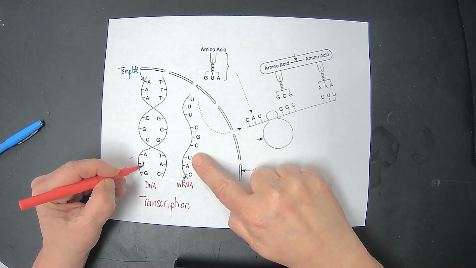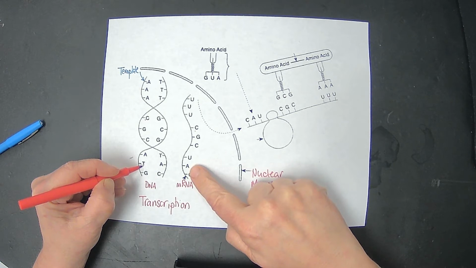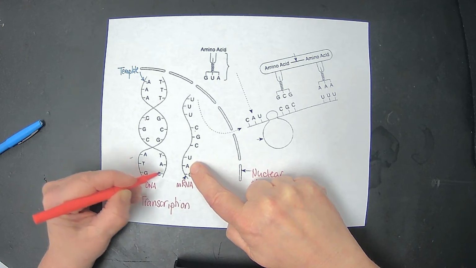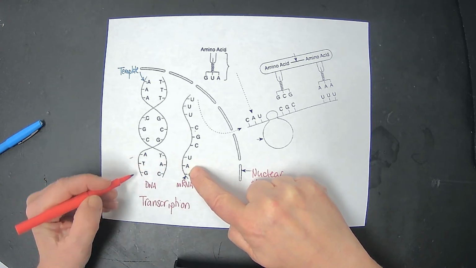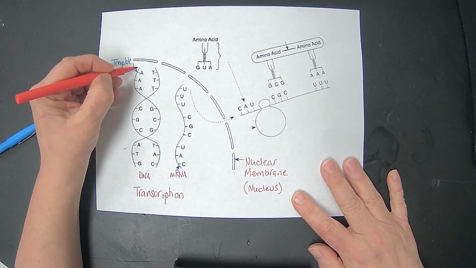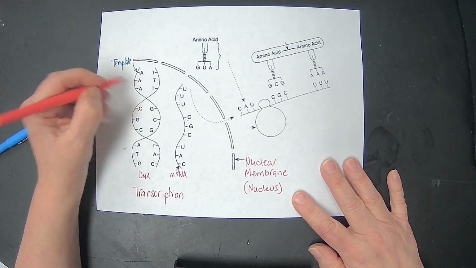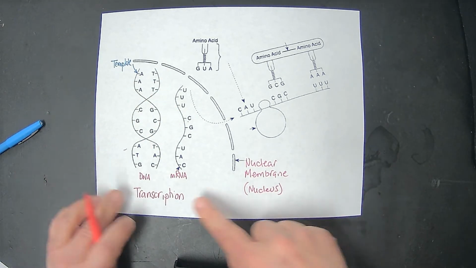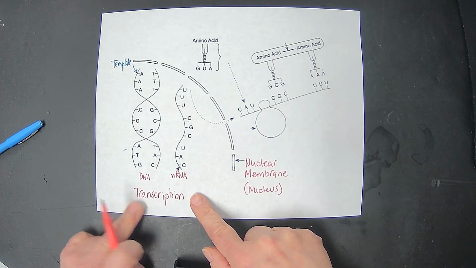Now, where I have a T on the DNA, I still have an A on the messenger RNA, because remember, the A is no different. The A can complementary base pair with T if it's in DNA, but with U if it's in RNA, and then G. So if this side of the DNA was the template strand, this is what we call a complementary strand of messenger RNA, and that just shows you transcription.